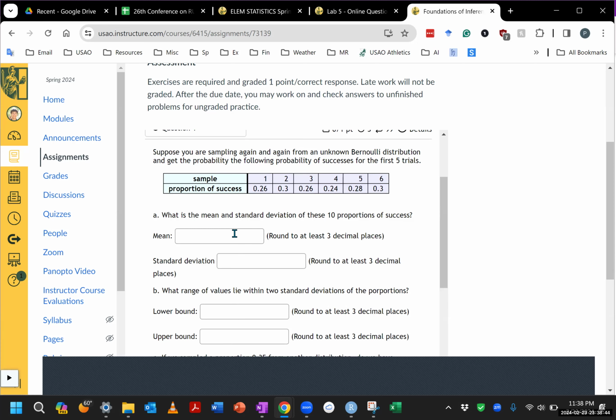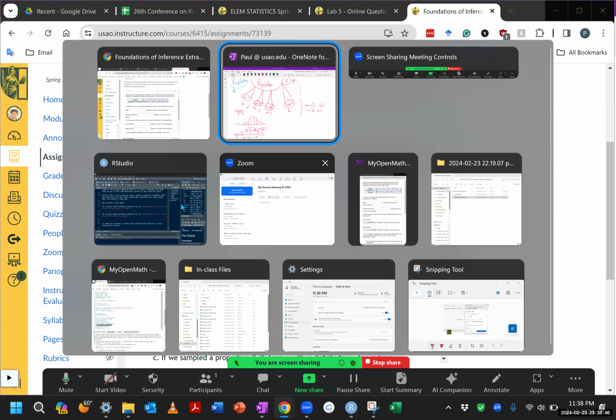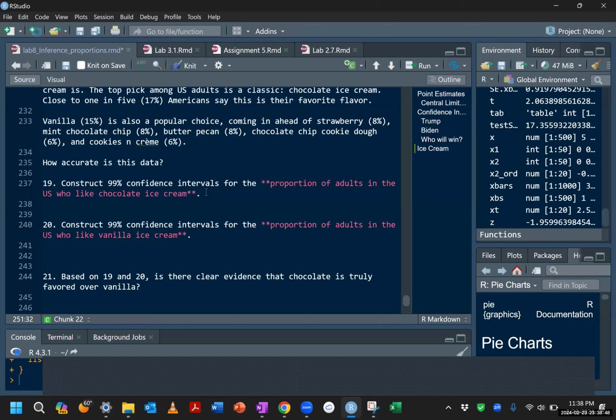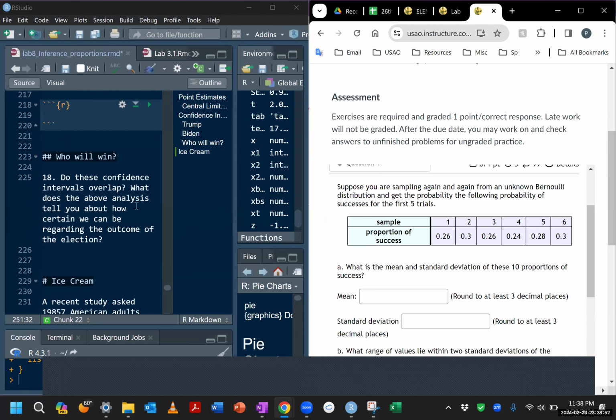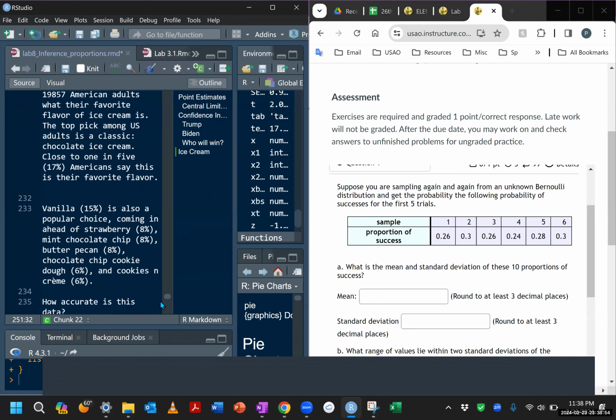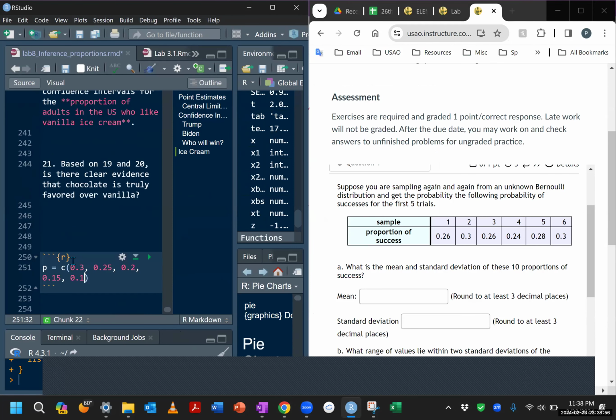I can find out what the mean of this is. So I'm going to go here and find a blank spot in R, and I can find out what the mean of these are. Let's see, 0.26, 0.3, 0.26 again, 0.24, 0.28, and 0.3.